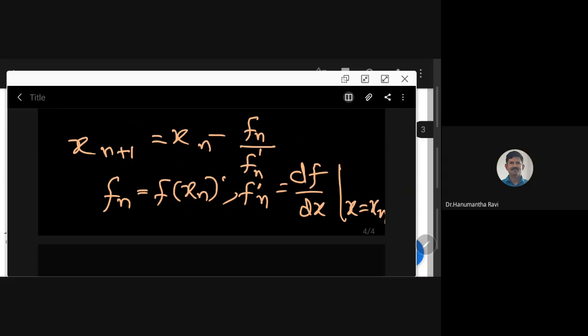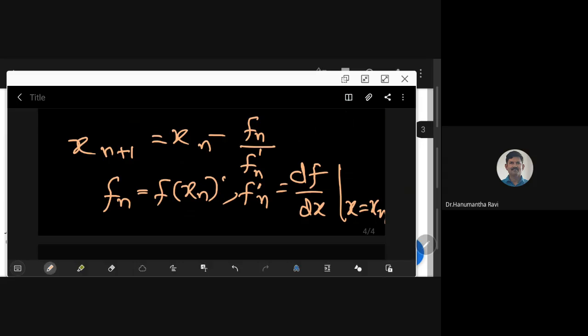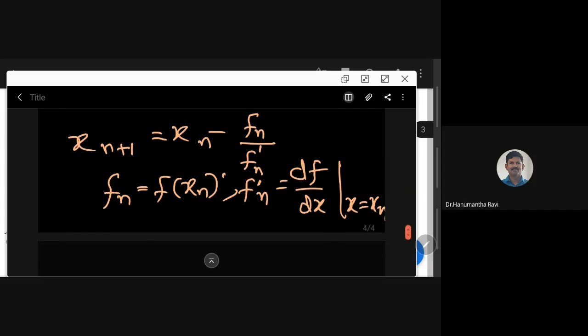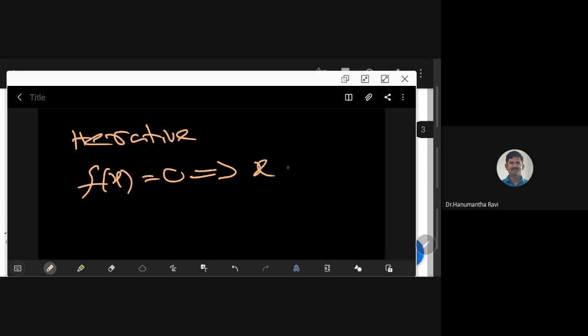Now finally you have the other iterative method. The fourth method which I mentioned is the iterative procedure. In such a case, sometimes the equation can be rewritten as x is equal to phi of x.